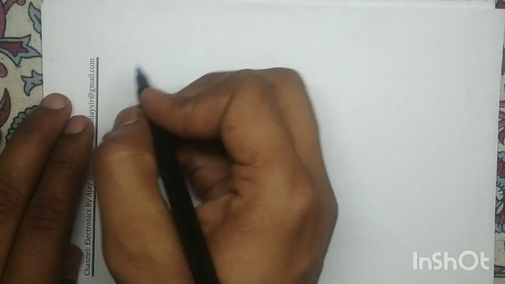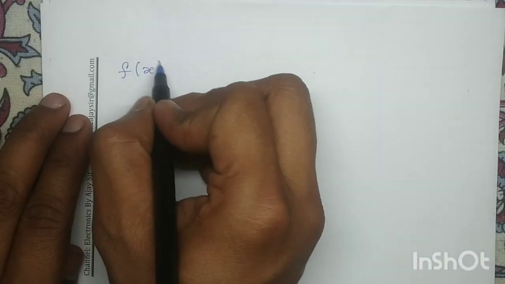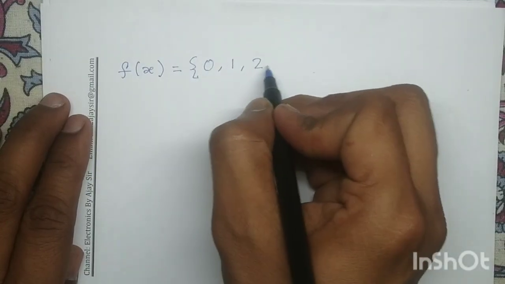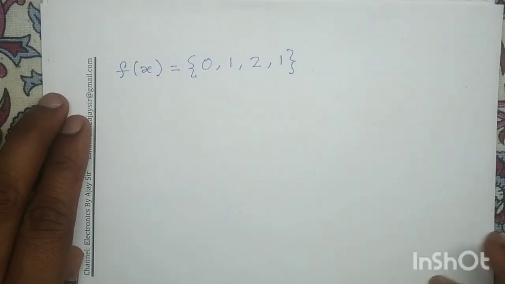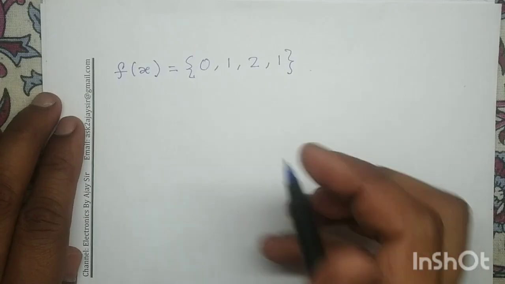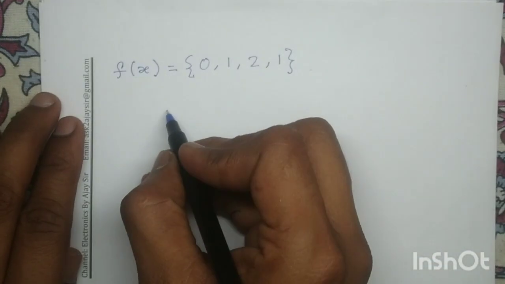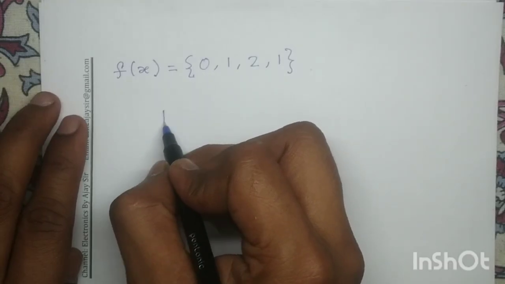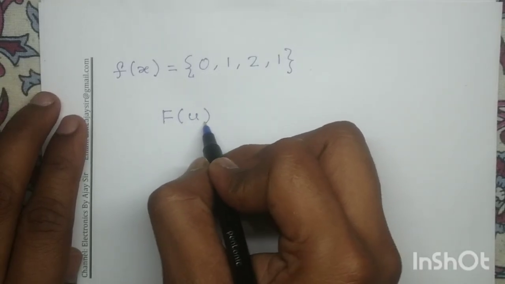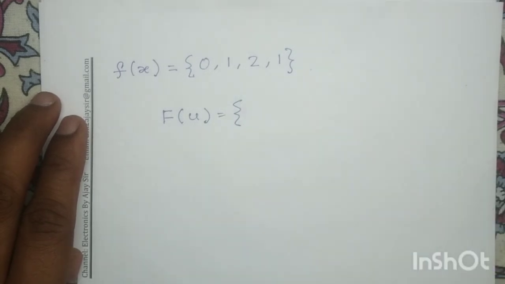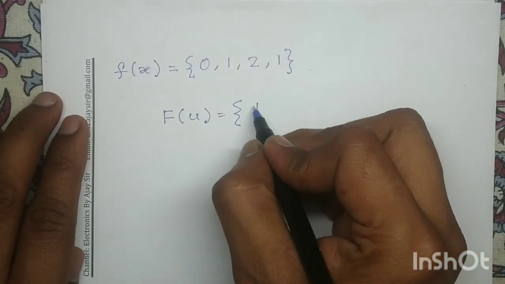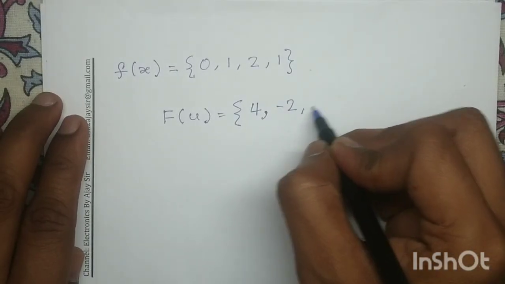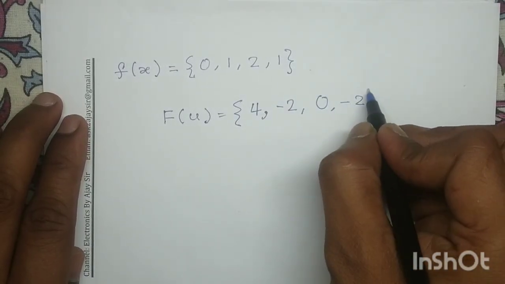So for this given one-dimensional input signal f of x, 0, 1, 2, 1, we have computed the discrete domain one-dimensional Fourier transformation and we have obtained F of u equal to 4, minus 2, 0, minus 2.